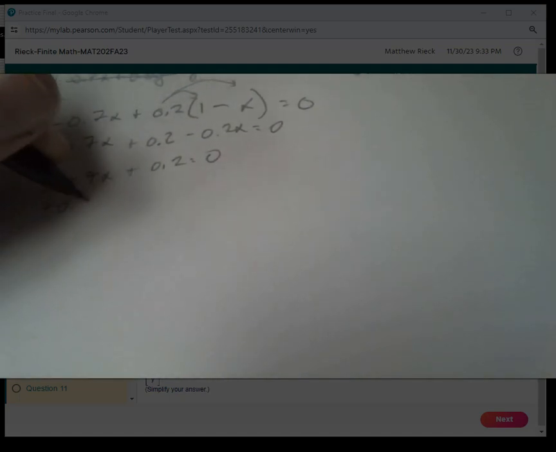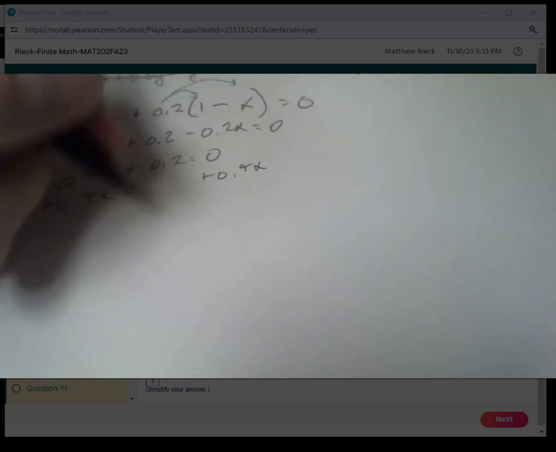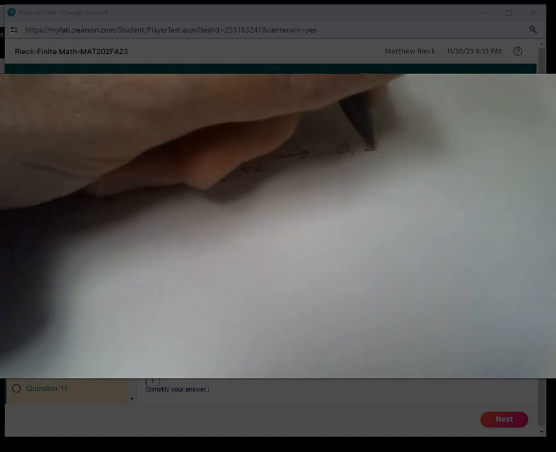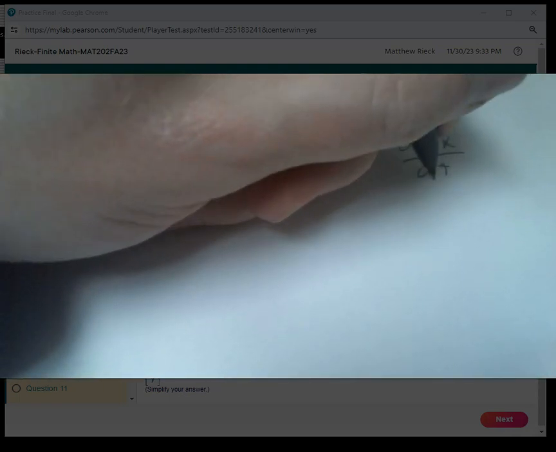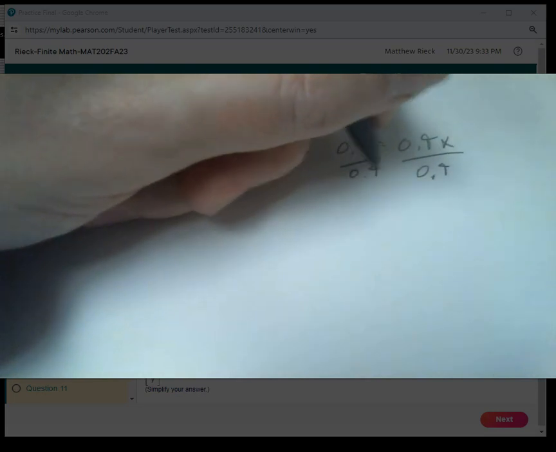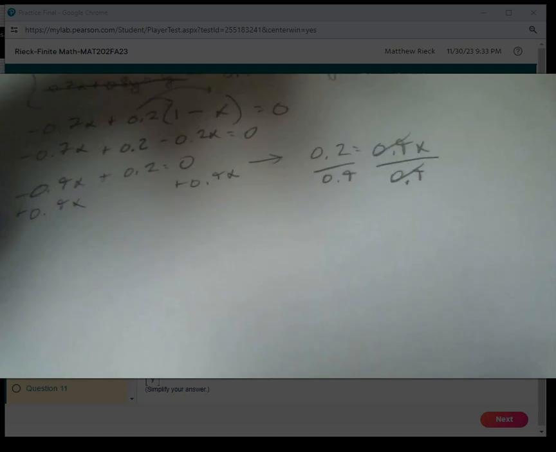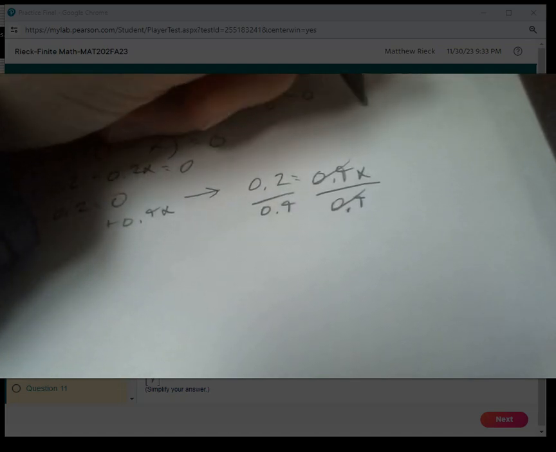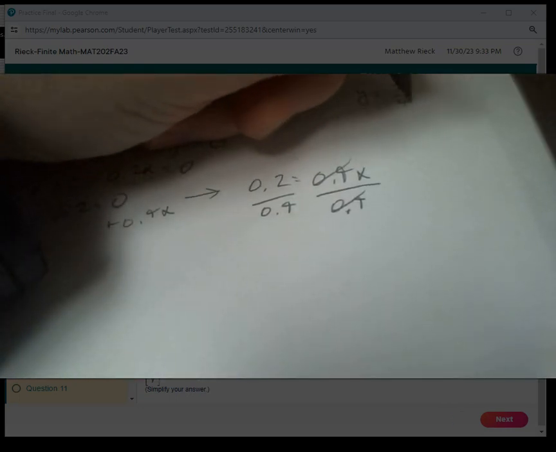So we can add 0.9x. So we have 0.2 equals 0.9x, and you can just divide both sides by 0.9. So we have x is equal to 2/9, and then y is going to be 1 minus that, so that's going to be 7/9.